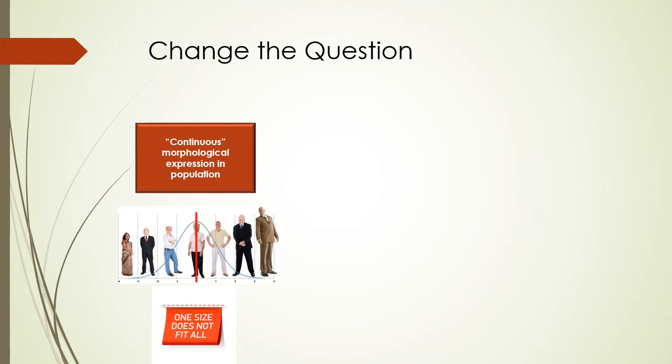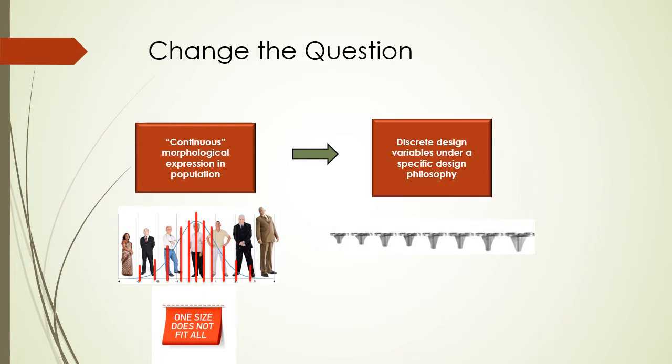You cannot design an implant just by the average data, because you miss the lower half and the upper half. The current philosophy of implant design is to sample the distribution curve and come up with a series of sizes, using discrete design variables for each size under a design philosophy to be able to fit the population. So we want to make sure one size can fit most of the patients within that range.